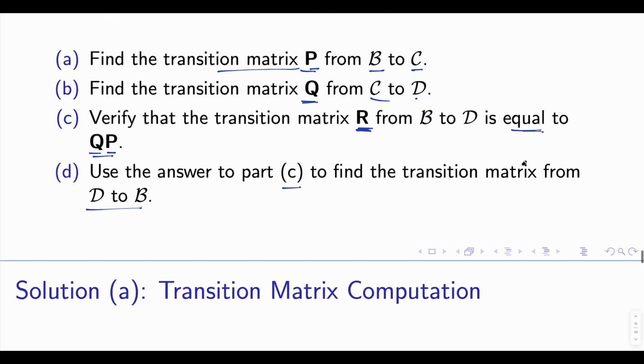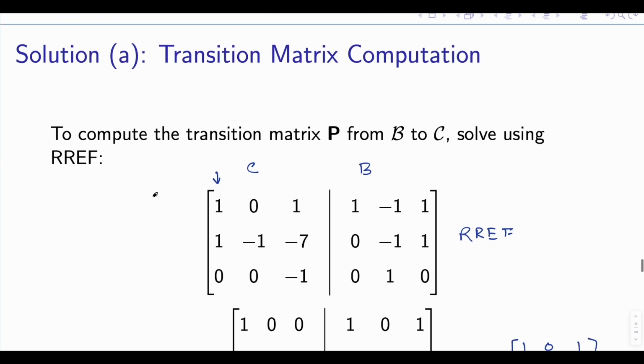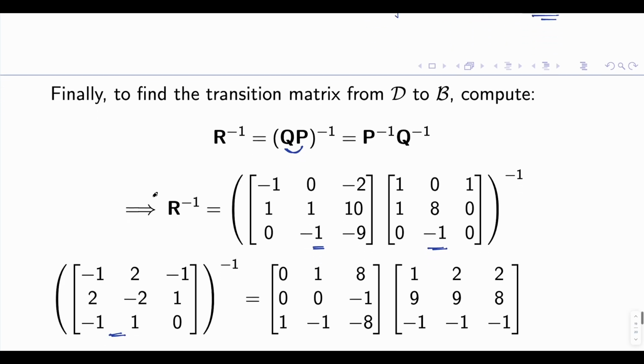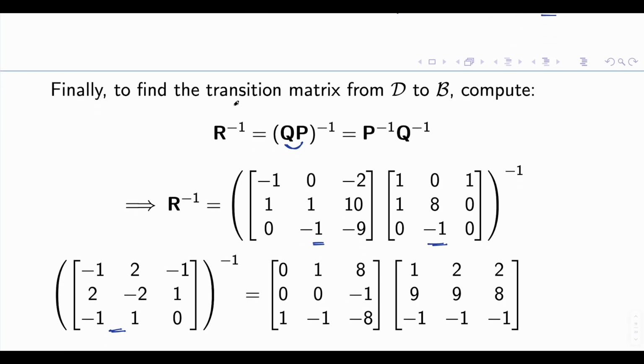So now use part C. Part C means QP you have already calculated, or R you have already calculated, to find the transition matrix from D to B. So inverse they are basically asking. So the last part: finally to find the transition matrix from D to B, compute R inverse. R inverse is (QP) inverse, P inverse Q inverse.